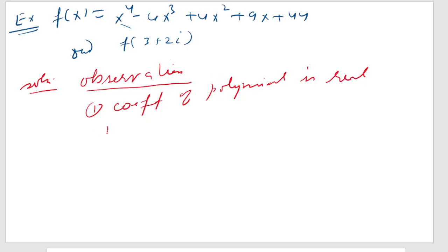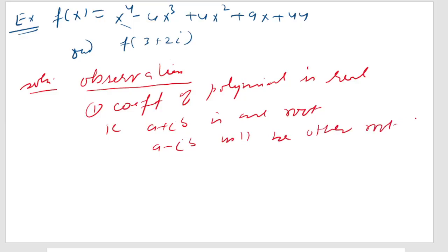That means if a plus ib is one root, then a minus ib will be the other root. Got it? So if the coefficients of the polynomial are real, and one of the roots is complex, the other root will be its complex conjugate. So now it's easy. They ask me to find for 3 plus 2i.